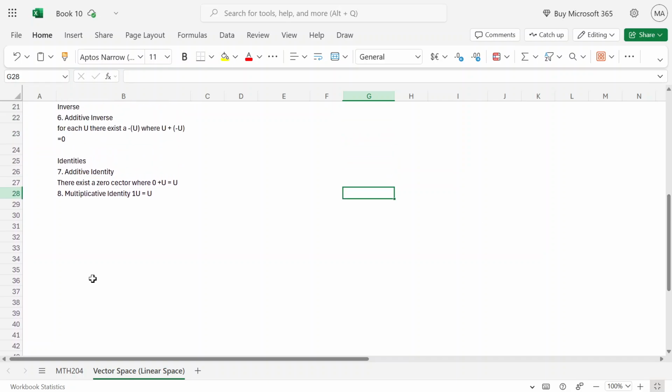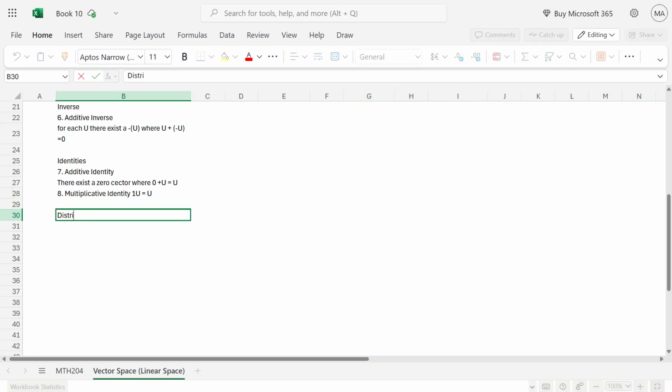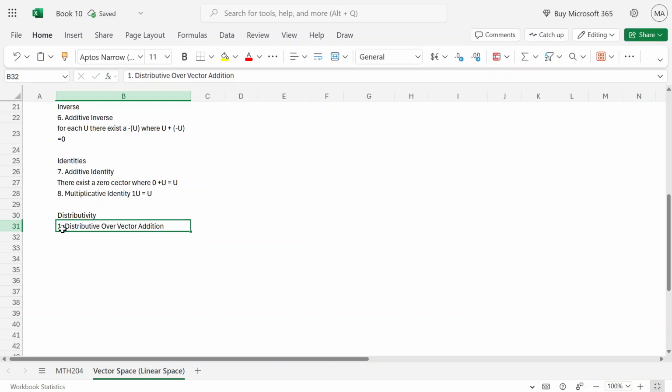Now we said it is 10, so there remain distributivity. So first, distributive over vector addition. So no, this is 9.